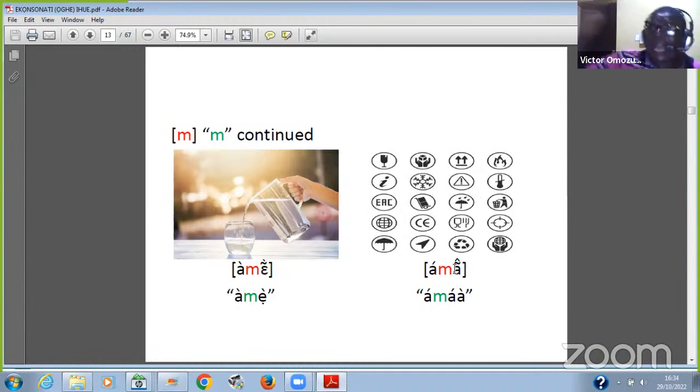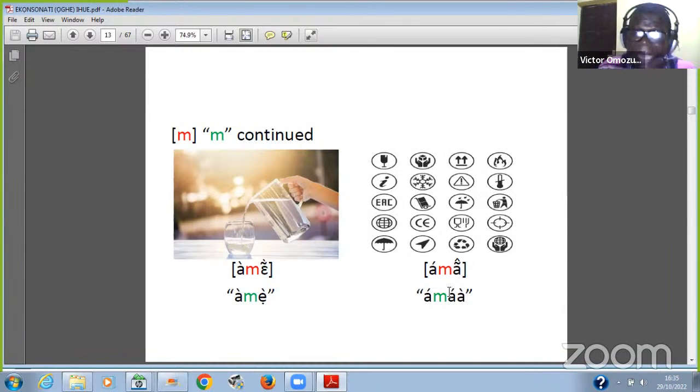You cannot pronounce any Edo word without the appropriate tone. Each word has its tone. If you don't use that tone appropriately, then you'll be seen as not speaking Edo. So Ama, you see the falling tone there.